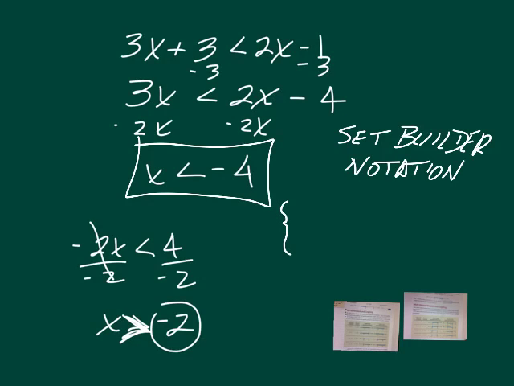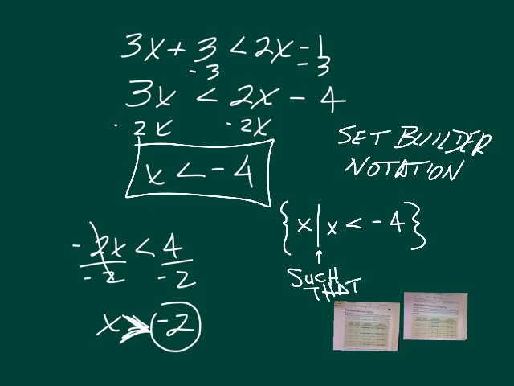In set builder notation, you put an x, you put a vertical line, and that vertical line stands for the phrase "such that." X such that x is less than negative 4.